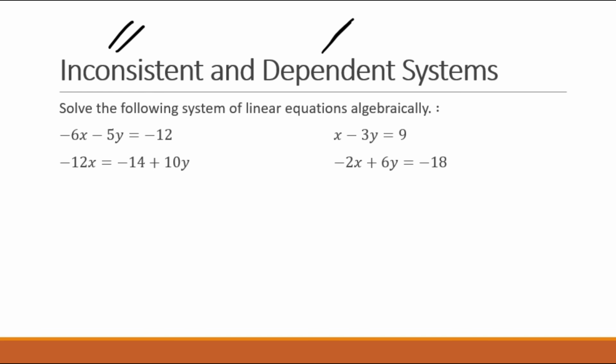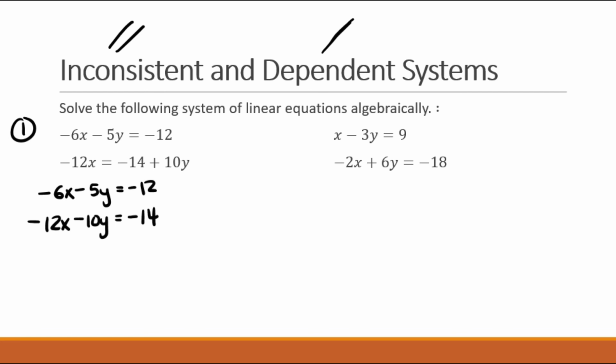Let's rearrange this number 1 here so it looks at least familiar. Negative 6x minus 5y equals negative 12. Negative 12x minus 10y equals negative 14. Okay, so be it.